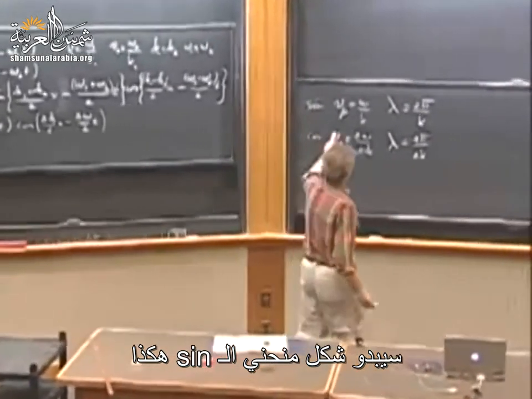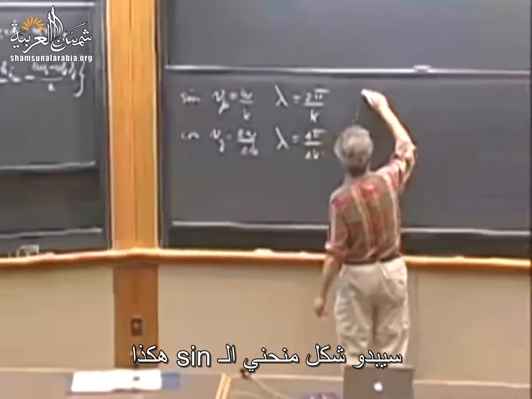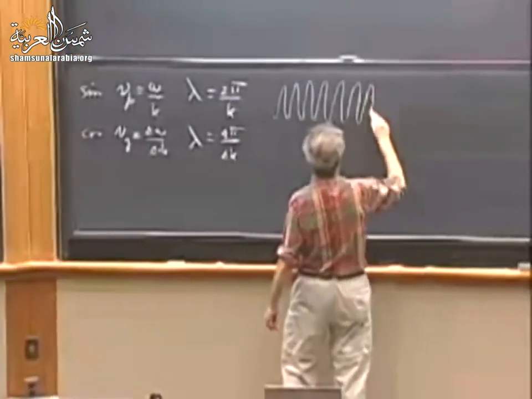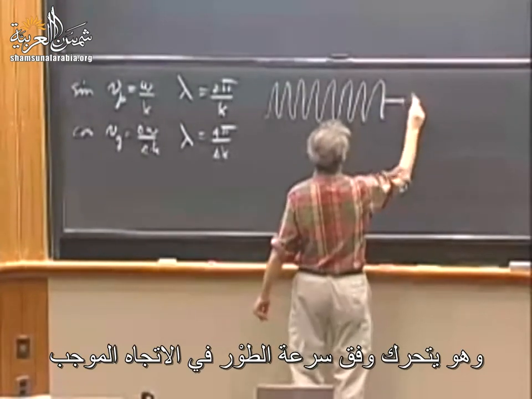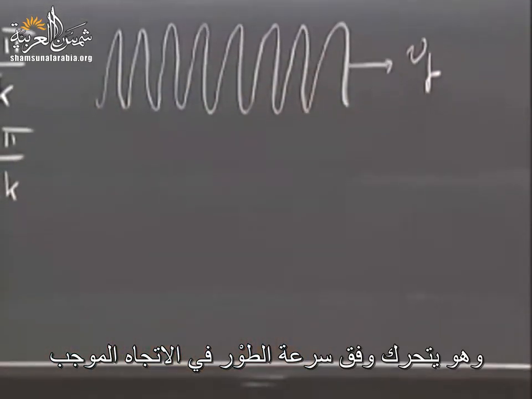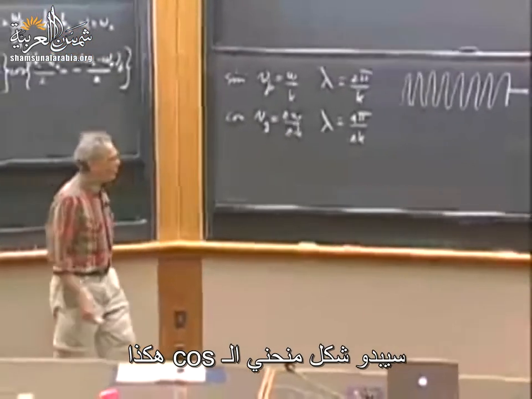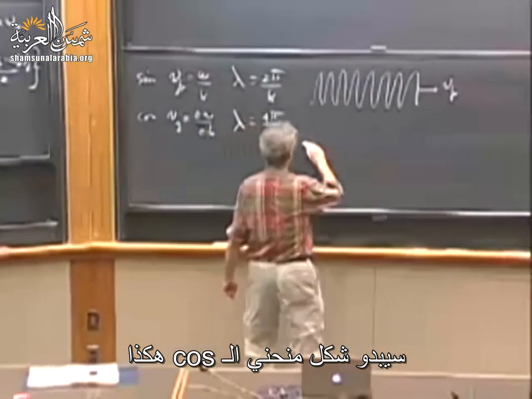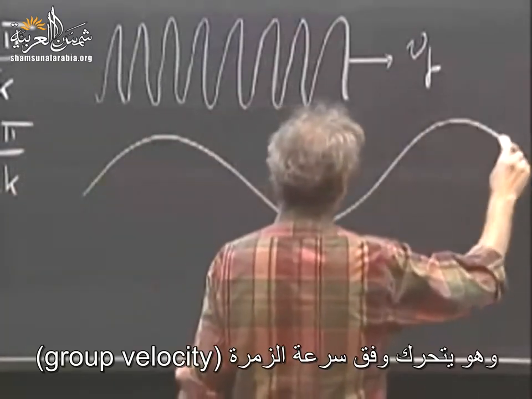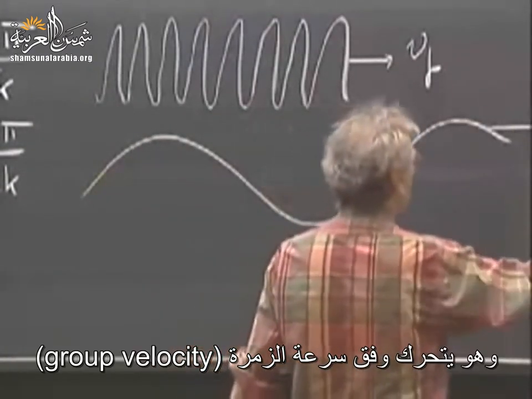If I made a plot of the sine curve, you would see this. And that moves with the phase velocity, say, in the positive direction. If I make a plot of the cosine, that would be like this. And that would move with the group velocity.